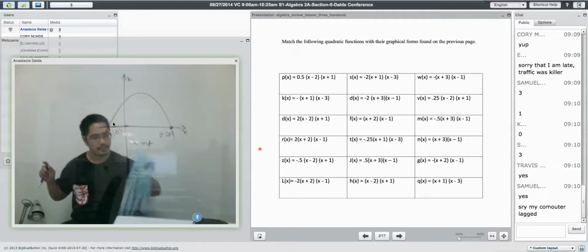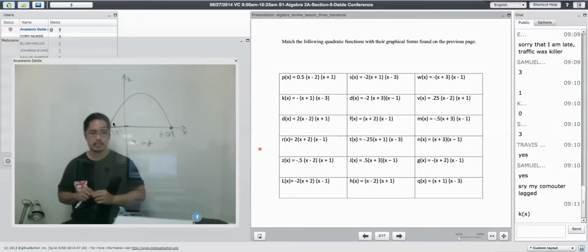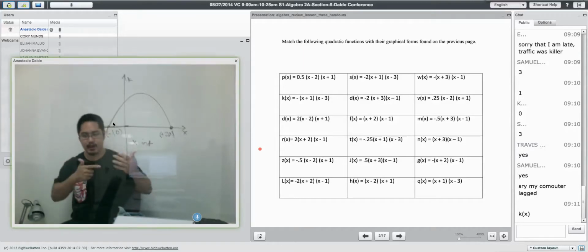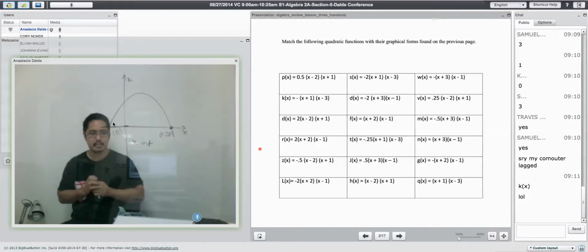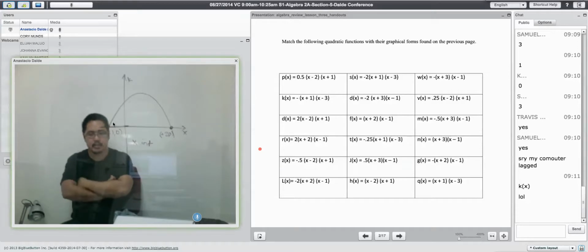And we've already figured out that K doesn't work. Okay? Sam, I just said K doesn't work. But it's fine because it was a guess. Alright, so which ones could work? Give me a candidate. We'll try it out.